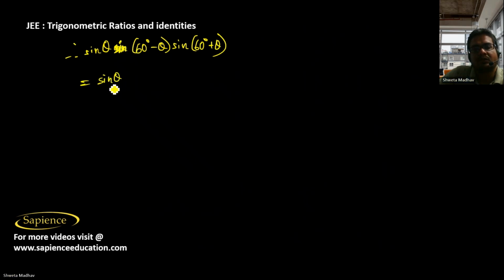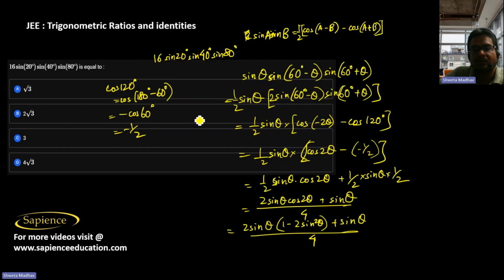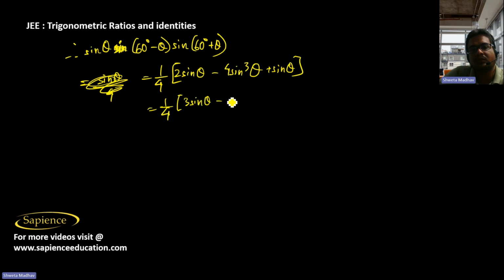So therefore sine theta into sine 60 degree minus theta into sine 60 degree plus theta can be written as 1 by 4, I can take it outside. 1 by 4 into 2 sine theta minus 4 sine cube theta plus sine theta. So this will be 1 by 4 into 3 sine theta minus 4 sine cube theta. Now 3 sine theta minus 4 sine cube theta, we know that is equal to sine 3 theta.